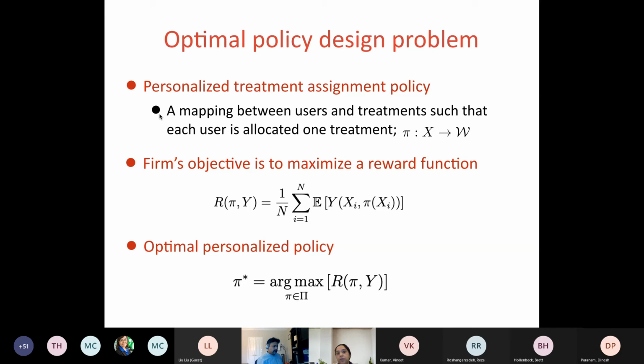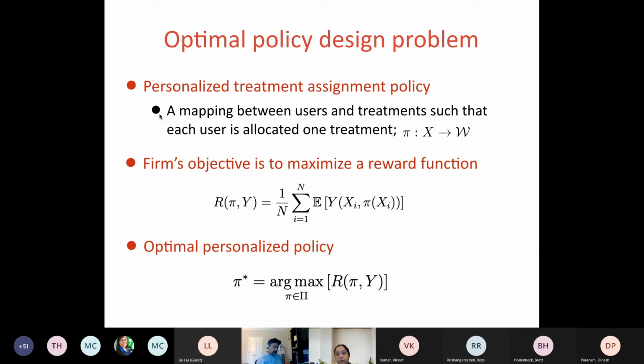When you think about a personalized treatment assignment policy, what you're really thinking about is a mapping between users and treatment such that each user with some pre-treatment attributes X is assigned some treatment W. And the firm's objective here is to maximize some reward function Y, the expectation of this reward Y, which is a function of their pre-treatment variables and the treatment that they would get given this policy.